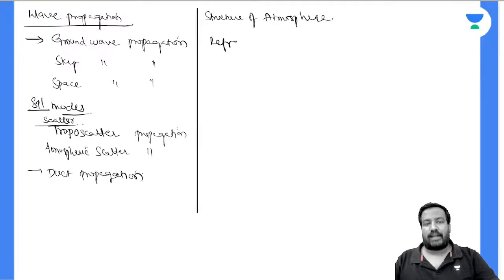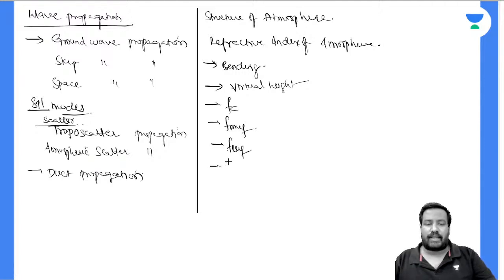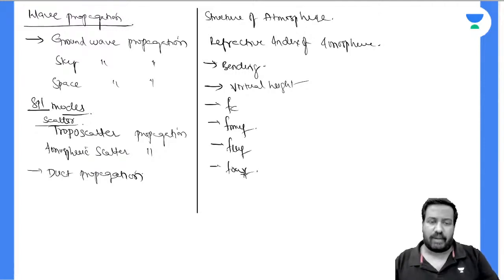We derived refractive index of ionosphere, its concept like mechanism of radio waves bending by ionosphere, virtual height, critical frequency, maximum usable frequency, least usable frequency, and optimum working frequency.